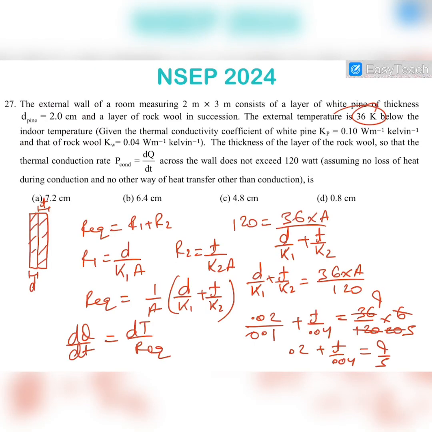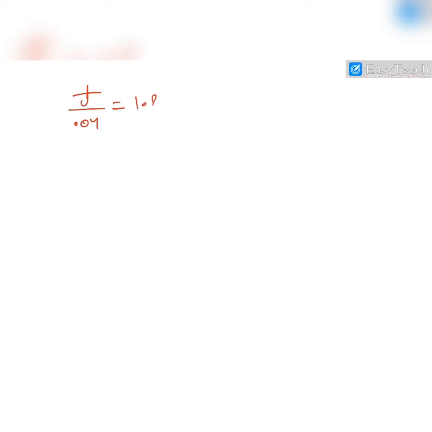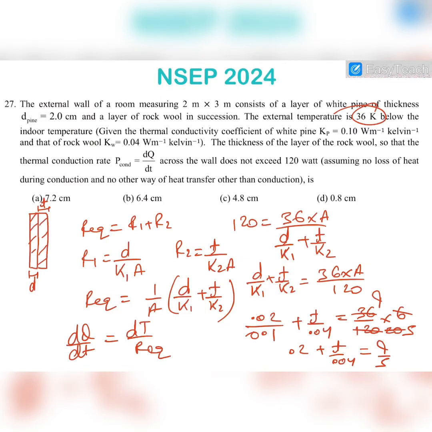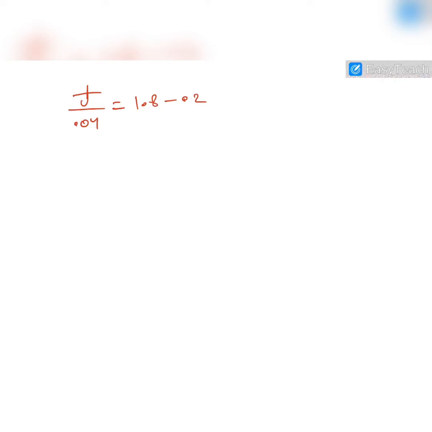T by 0.04 will be equal to 9 by 5, and 9 by 5 is 1.8, minus 0.2. So T divided by 0.04 will be equal to 1.6.